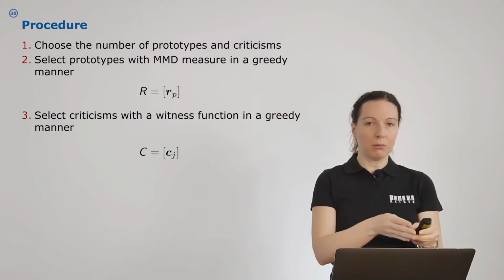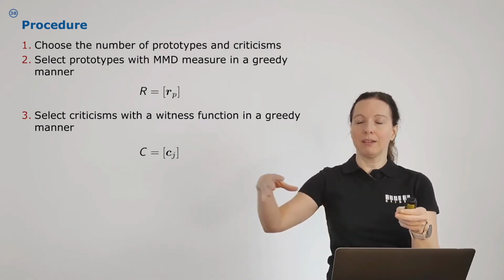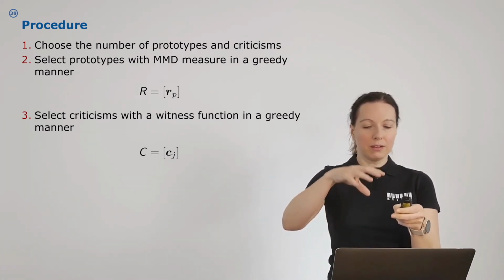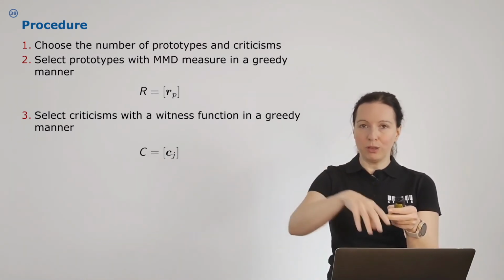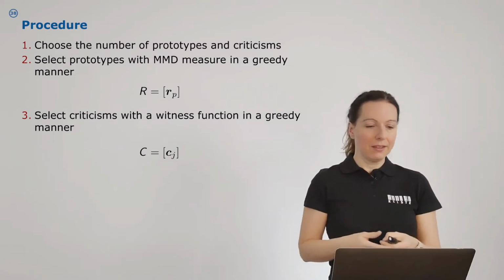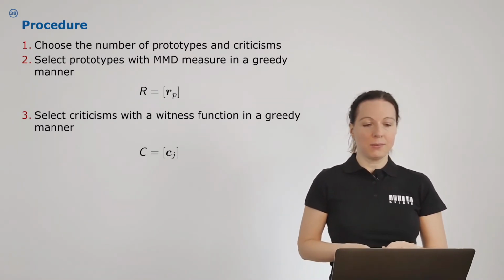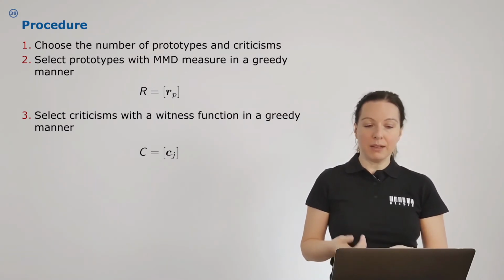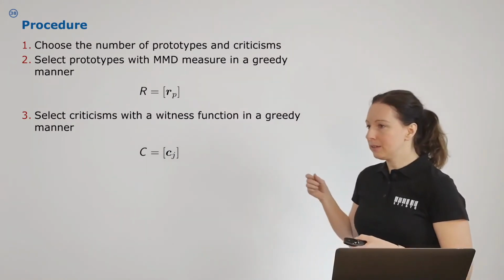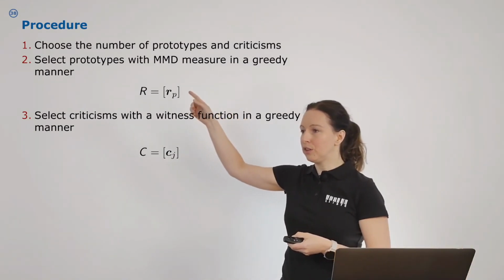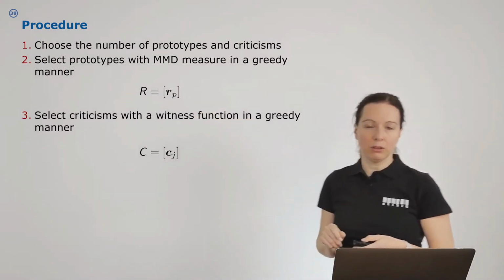Greedy means you start with an empty set and then you increase the number and see how the set grows and how the next selection of a prototype will influence the previous selection of the prototypes. And the criticisms are also selected in a greedy manner, but using a witness function. For the notation, the prototypes are denoted with R and the criticisms are denoted with C.